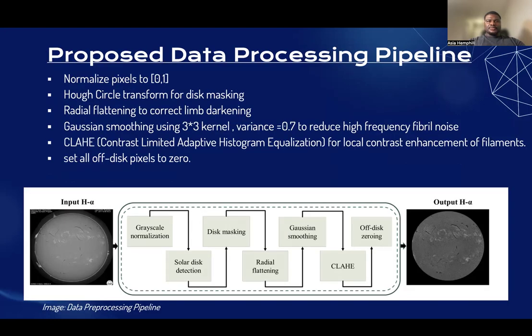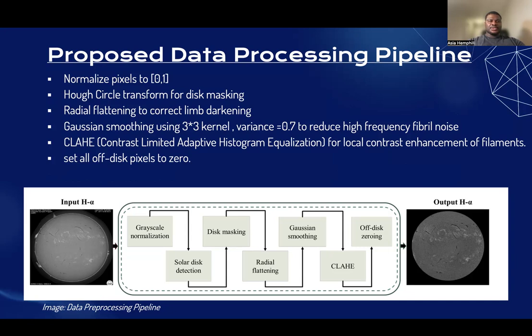I'll talk about the data preprocessing pipeline we have developed. It takes in a raw input H-alpha observation and passes it through a number of steps in the pipeline, then outputs a preprocessed H-alpha observation. In the first step of our pipeline, we normalize the pixels to a 0 to 1 range. We use a half cycle transform for disk masking to locate the center of the disk.